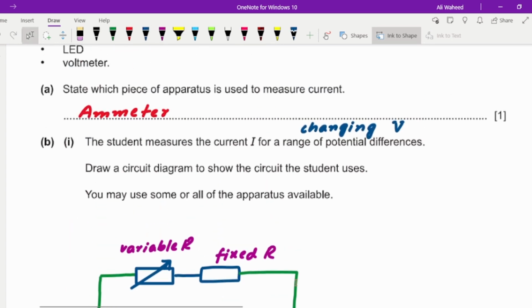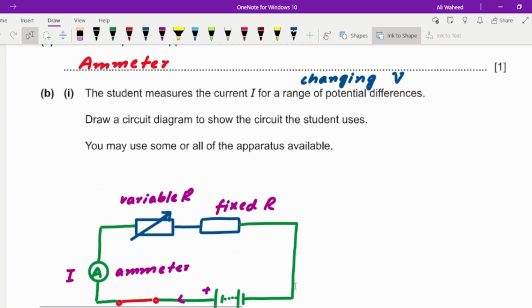And how are we going to use it for a range of potential differences? You see, they ask us to measure the amount of current for a range of potential differences. So we're going to change the resistance of this variable resistor, and that would change the voltage across the fixed resistor, and then we can measure the amount of current passing through the fixed resistor.